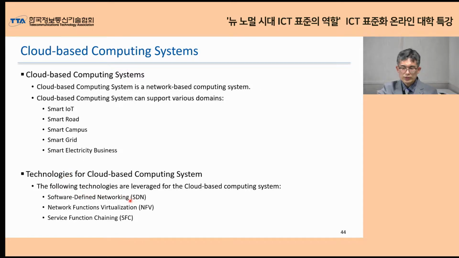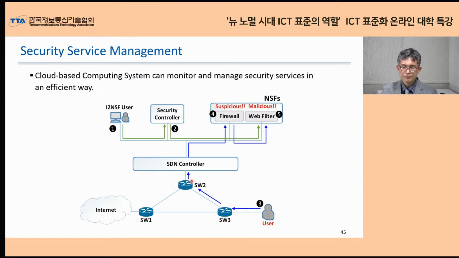The first one is software-defined networking, SDN. Secondly, network functions virtualization, NFV, for cloud instantiation and management. Finally, service function chaining, SFC, can be used to construct actual network services using multiple VNFs.